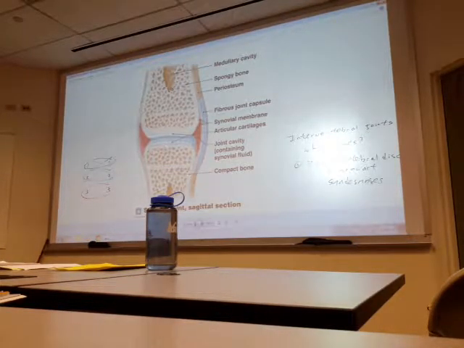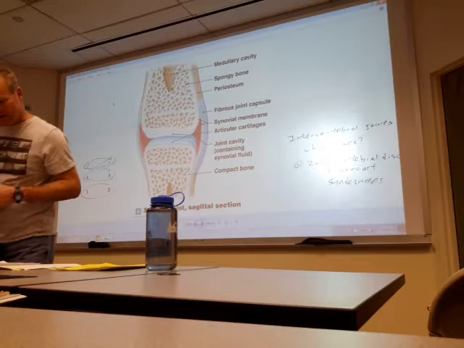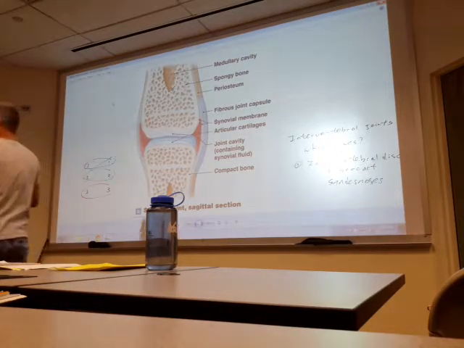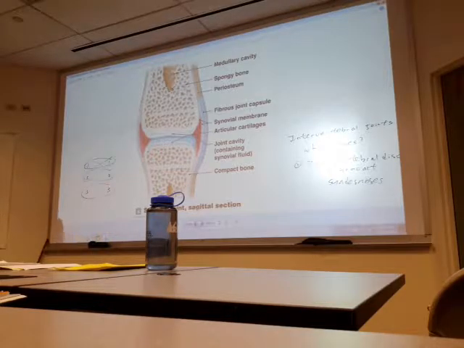Not every diarthritic joint contains every structure listed. Look at your notes. I've listed the structures as items 1 through 9. Not every diarthritic joint contains every one of those structures, but most contain most of those structures.